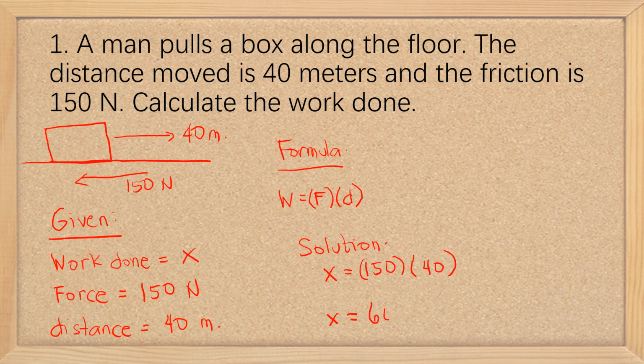That will be 6,000 Newton meter, or you can just say 6,000 joules, or you can say 6 kilojoules, because k here means kilo and kilo is 1,000. So 1,000 times 6, that's 6,000.